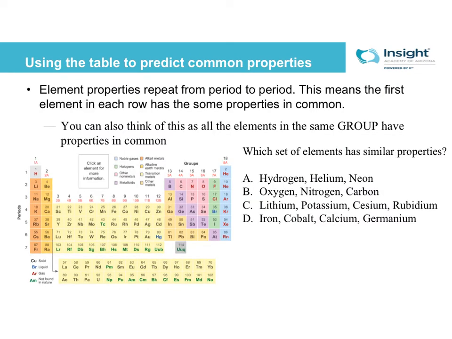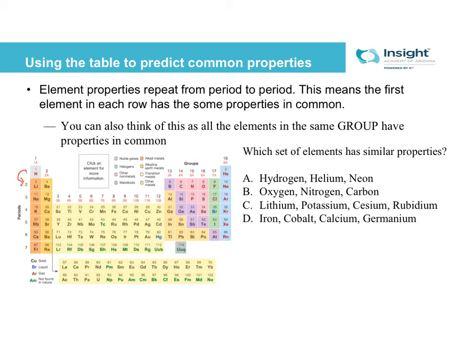Based on what you've learned so far, you should be able to say which of these groups of chemicals have similar properties. Again, the properties of elements repeat from period to period. Which means as you go from period 1 to period 2, the same element in that group or column is going to have properties in common.